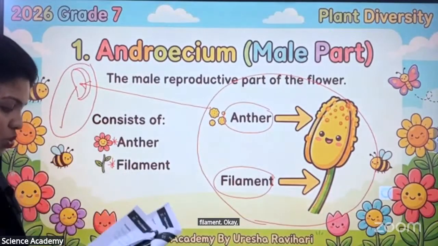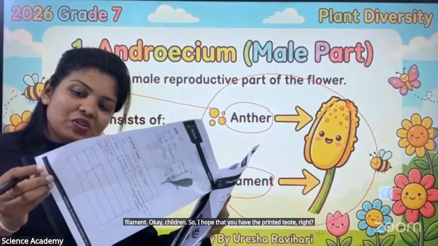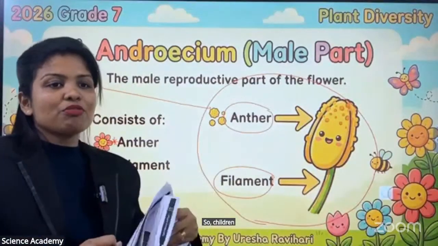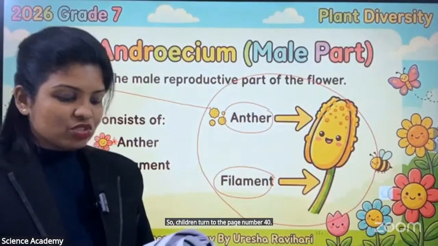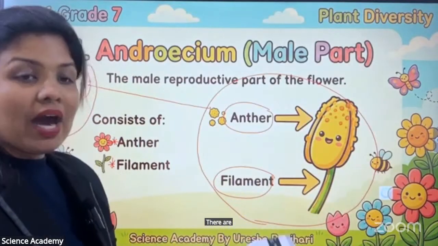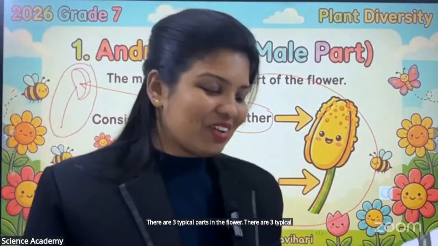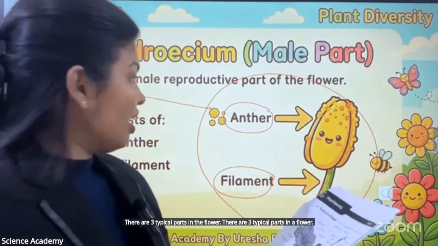Okay, children. So I hope that you have the printed tute, right? Turn to page number 40. There are three typical parts in a flower.